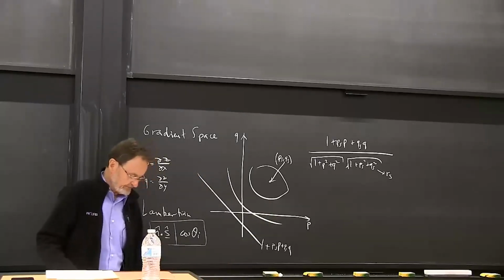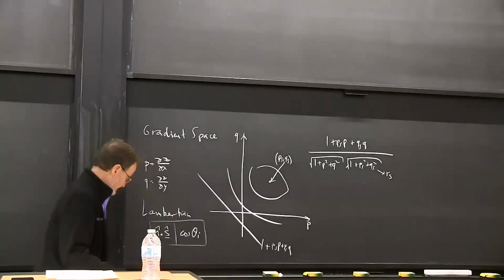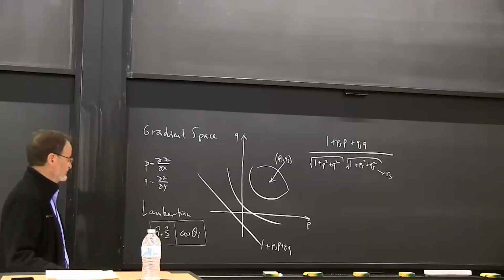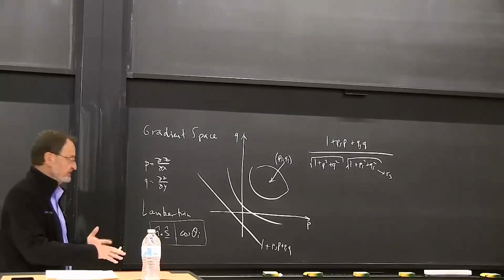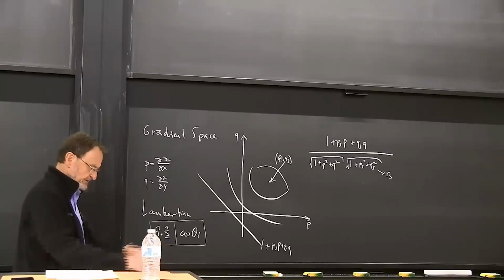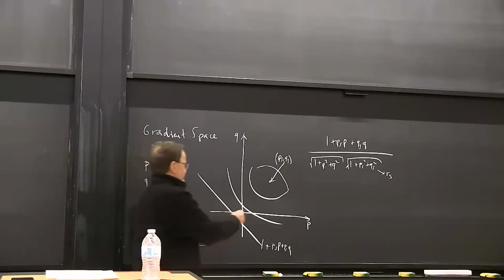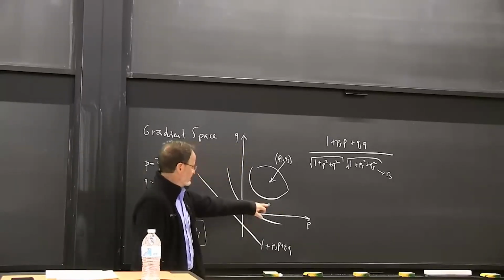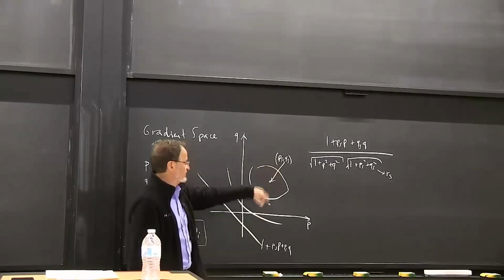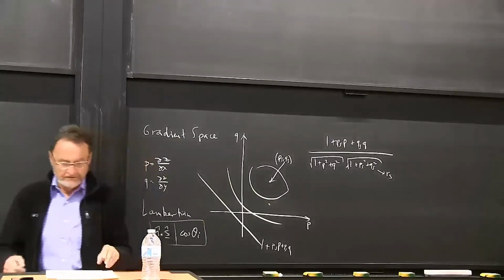Then I can take the derivative in the x direction, that's p, and I can take the derivative in the y direction, that's q, and those define the orientation locally of that surface. Of course, it might be different p and q somewhere else. And that defines a point in this plane. And I can go to that point and say, what is the value of this function there? And that will be the brightness.